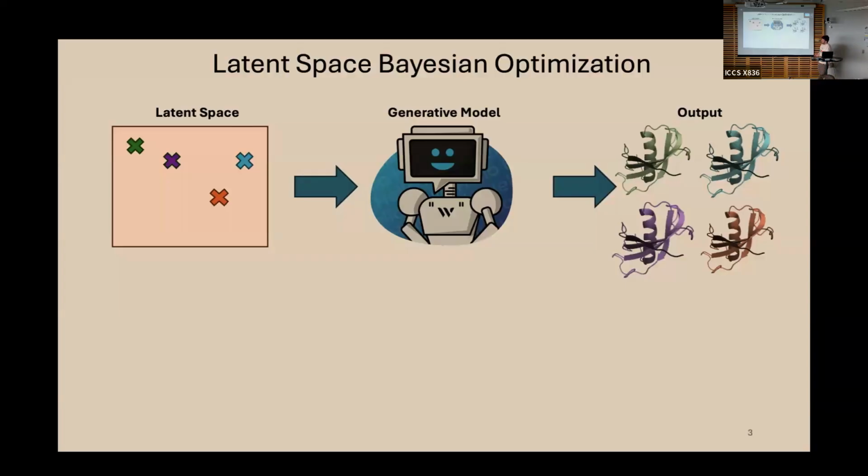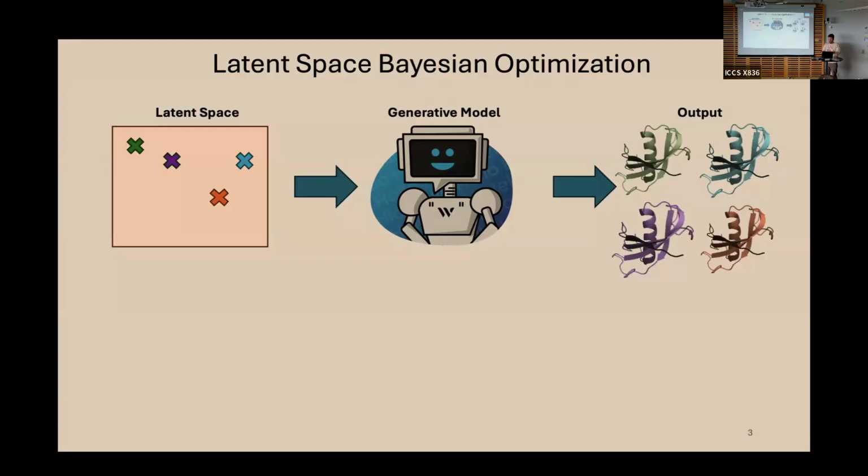And at a high level, what a generative model really does is, under the hood, it has this thing called a latent space, which is like a real-valued vector space, right? It's just a pile of numbers that I can move around in. And wherever I move in this space determines what peptides I'm going to get out, right? So the green point gives me the green peptide, the purple point gives me the purple peptide, orange the orange, blue the blue, right? So how does the generative model work?